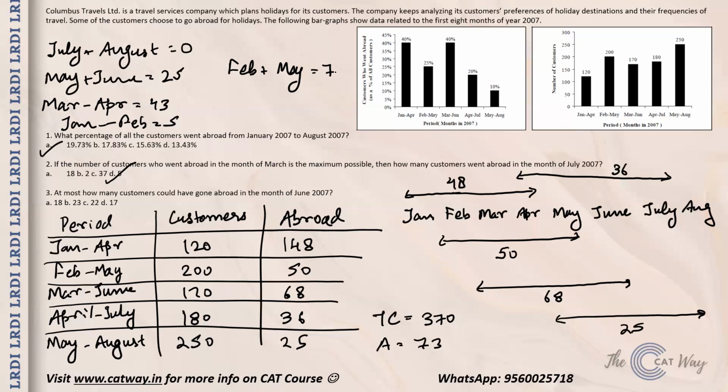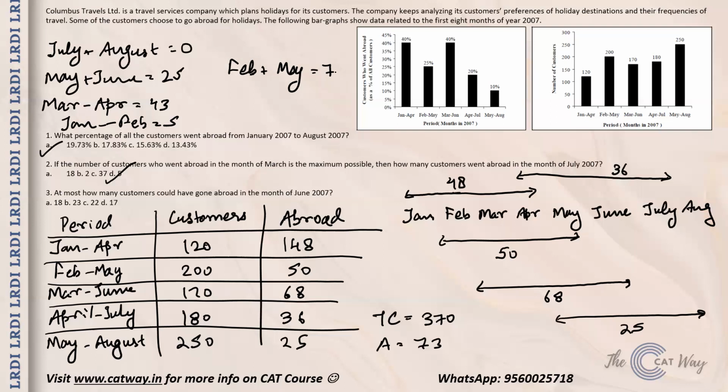That means the only value that we now need to find is for May, because what we know is that May to August is 25, out of which July and August is 0. So what we need is the value of May to get the value of June. And what we know is that February plus May is equal to 7.